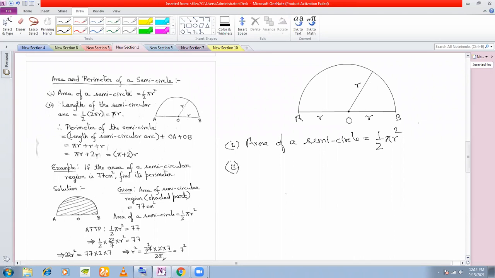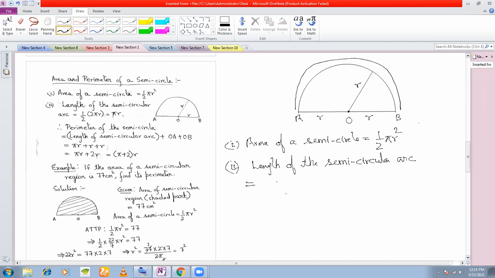Okay. Next is the length of the semicircular arc. This is very important. Length of the semicircular arc. If you see this arc here, AB, what is the length of this? Half of the full arc, isn't it?